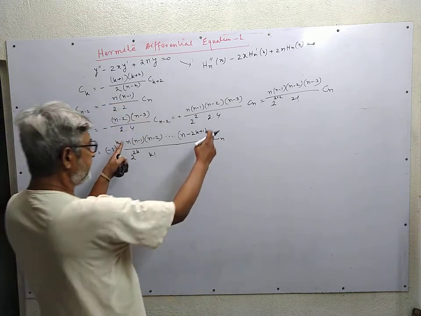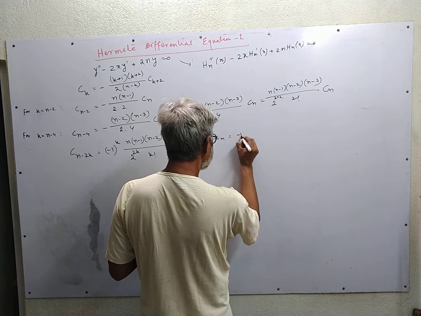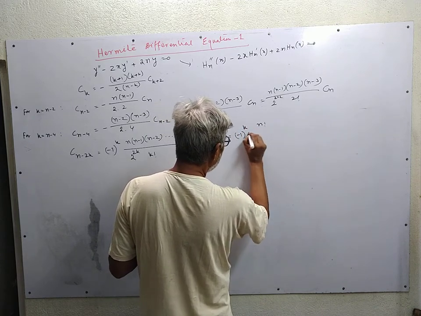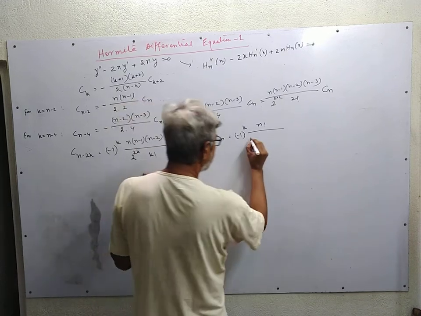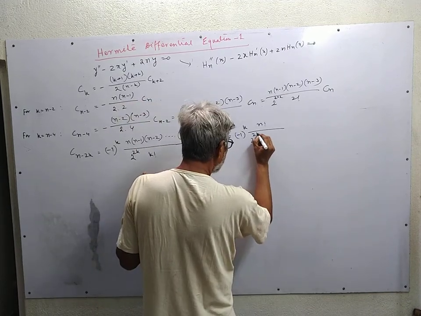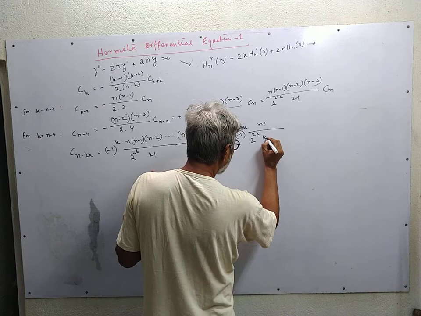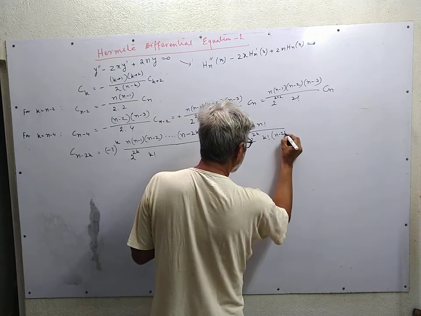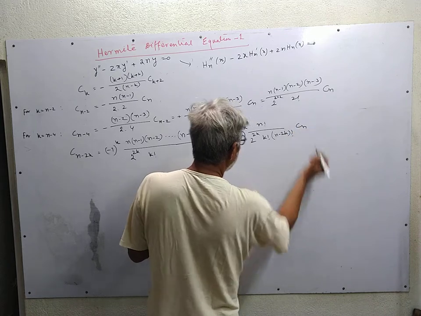This part can be written as n factorial, so the rest of the term is adjusted here, 2 to the power 2k, k factorial, and the rest part is n minus 2k factorial Cn.